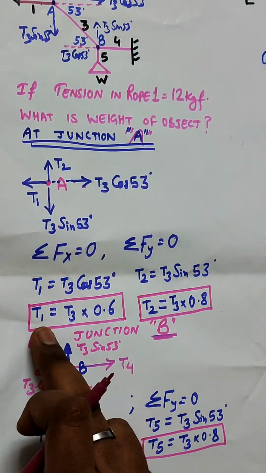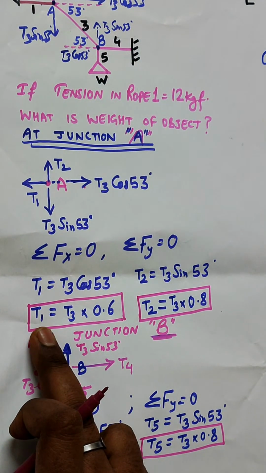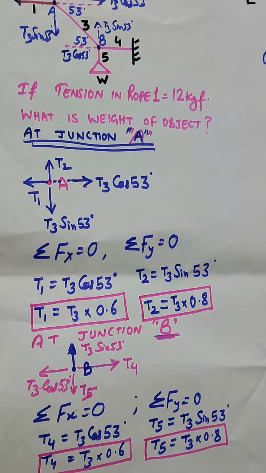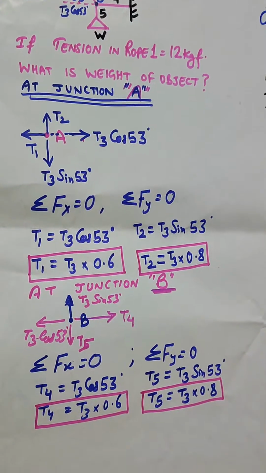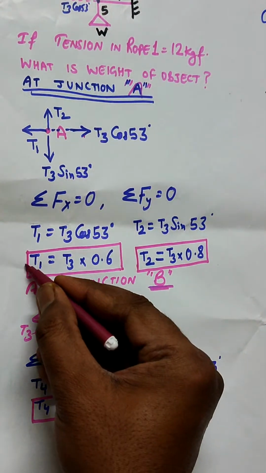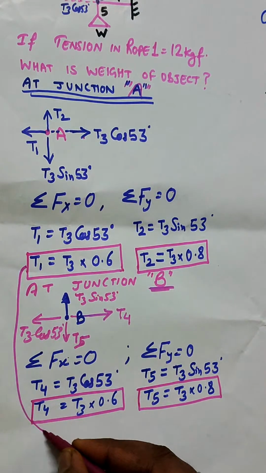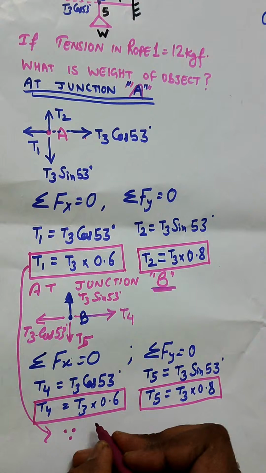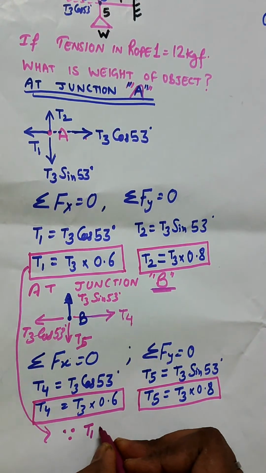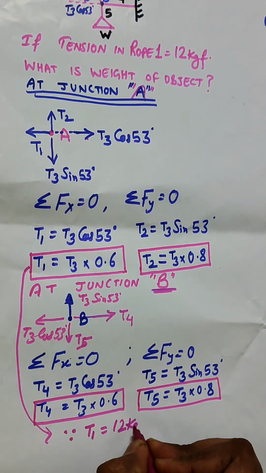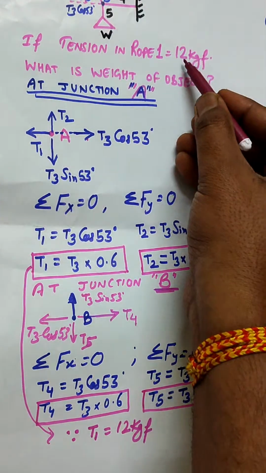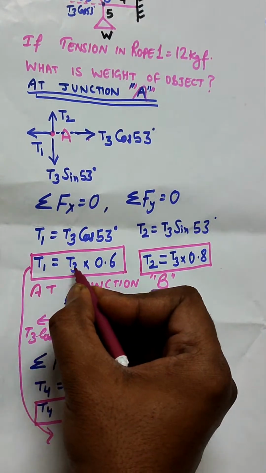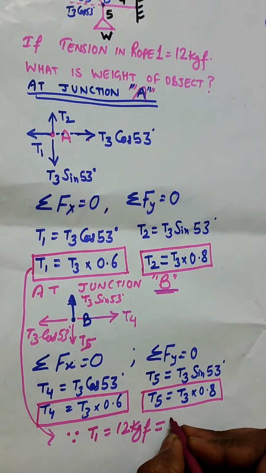So from equation 1, since T1 equal to 12 kgf is given in the question, T1 equals T3 into 0.6.